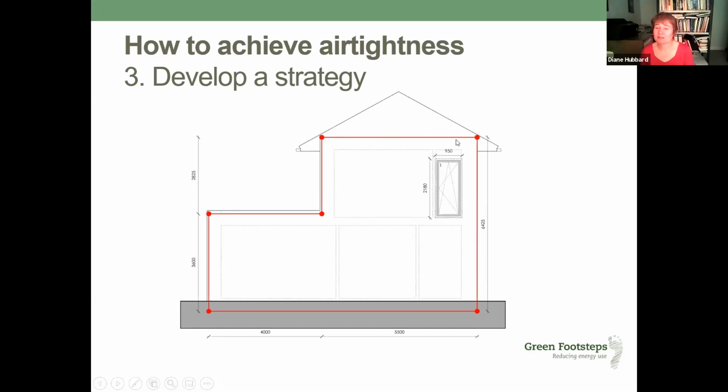Maybe something where it's dealt with slightly differently. I know aesthetically they're great, but in terms of air tightness, they're not good. So have a strategy, get your sketch plan, and just think about what's happening at every junction and at every point where the air tightness layer is breached.